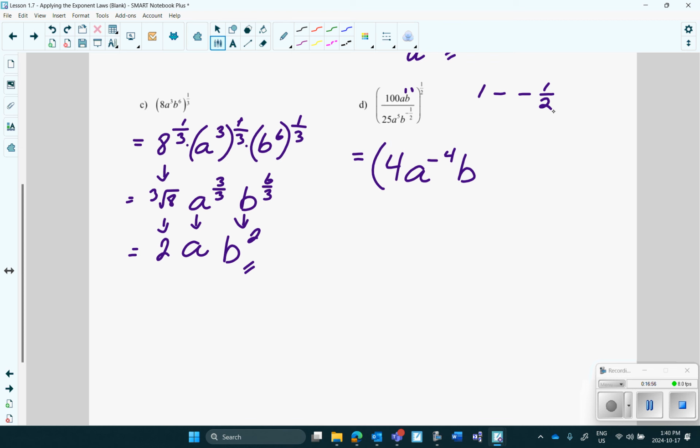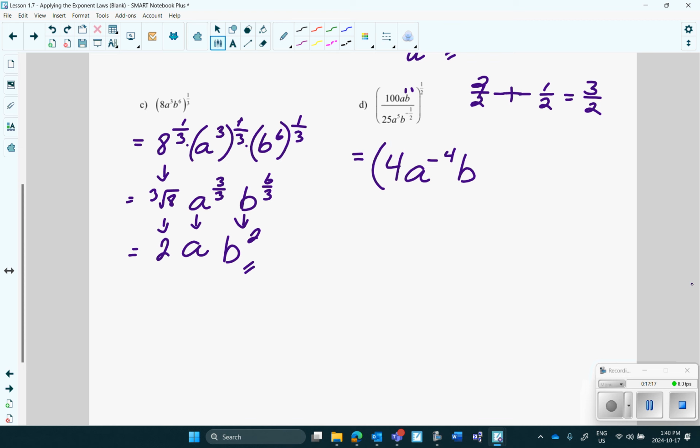Well, this becomes plus, so it's 1 plus 1/2. Write this as a fraction over 2: 2 over 2. Which means when we add them, we get 3 over 2.